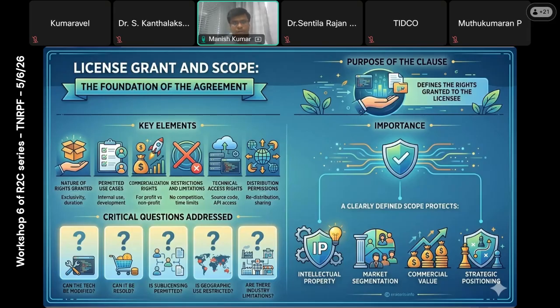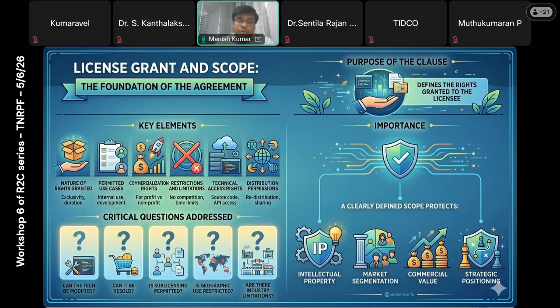So the scope of the license grant has to be understood from the use case, from the nature itself, the commercial rights that you are giving. Are you giving it for profit purpose or not for profit purpose, or even for the profit purpose within what geographical restrictions and limitations?